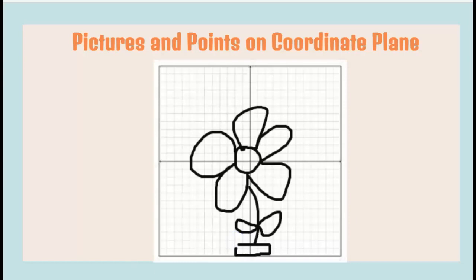Next, you identify at least 10 points, and they should be spread out in every quadrant. You have to pick a point that is on an intersection. You're not going to get a point in the middle of it because we're not going to work on half points. We're just going to be working on whole numbers.